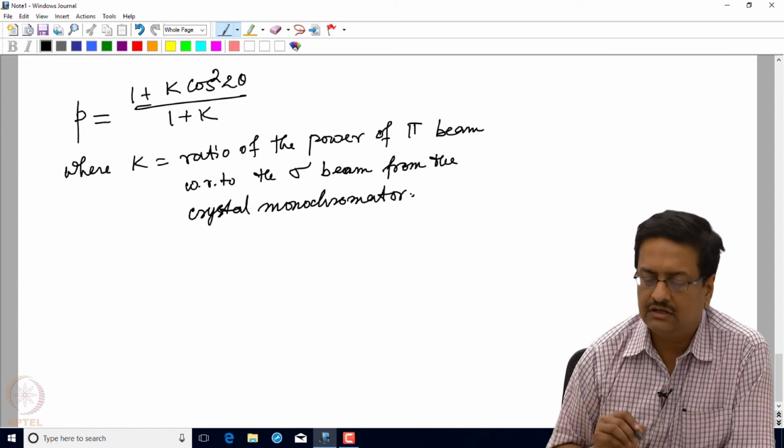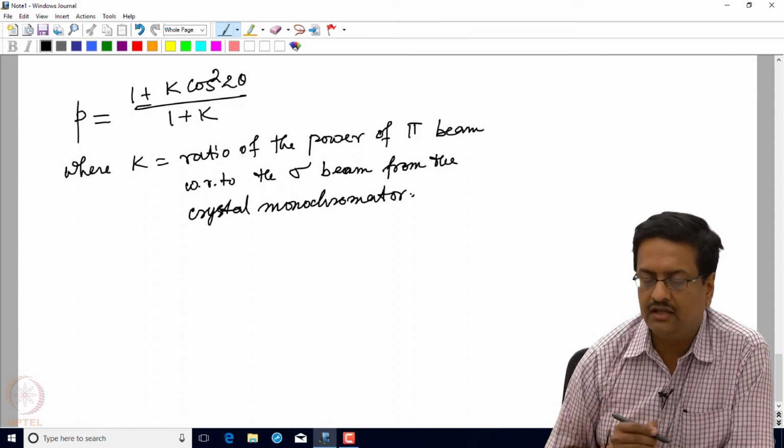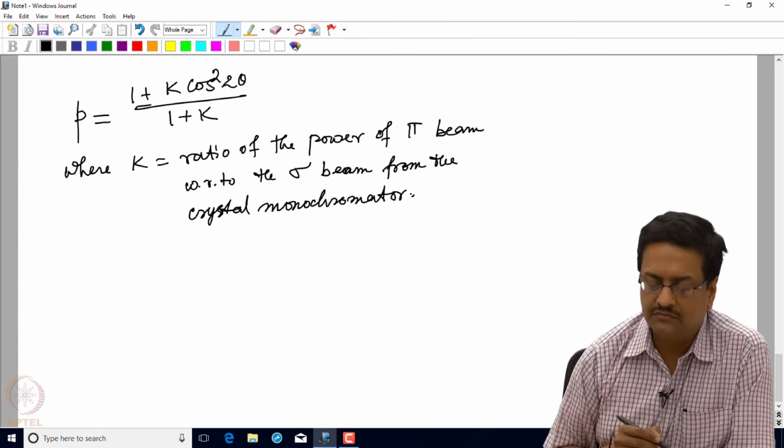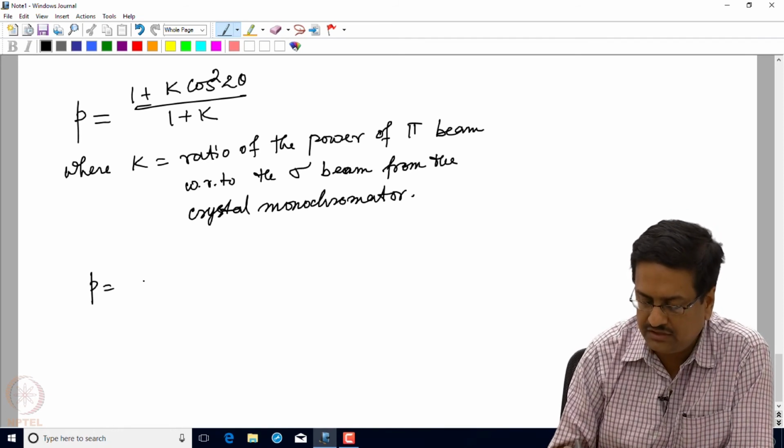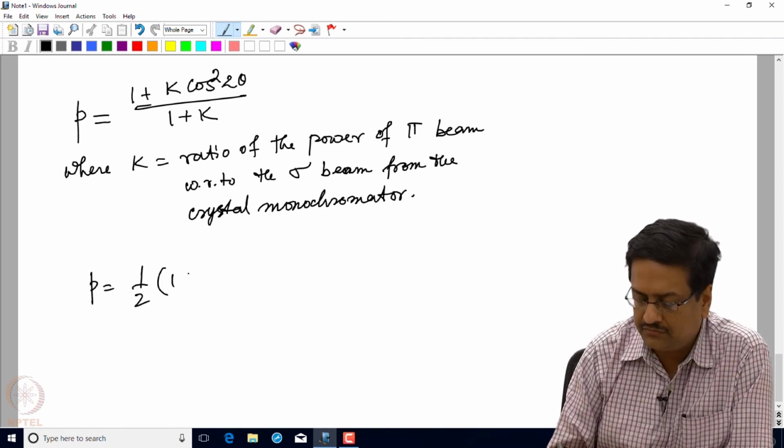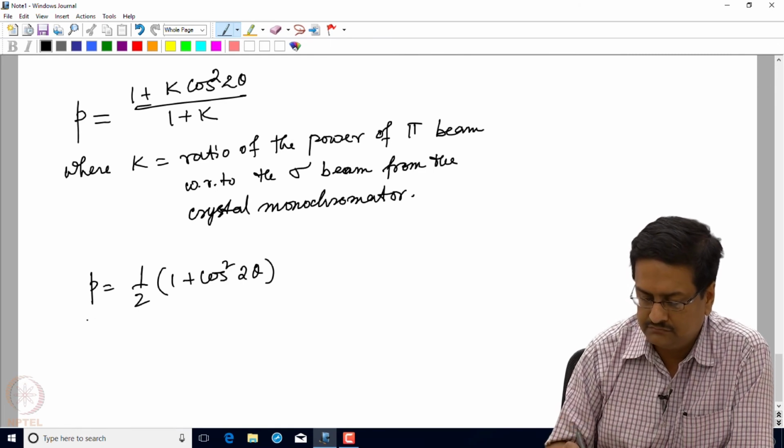When crystal monochromator is not used, we write k equal to 1, so it becomes equal to p equal to half of 1 plus cos square 2 theta.